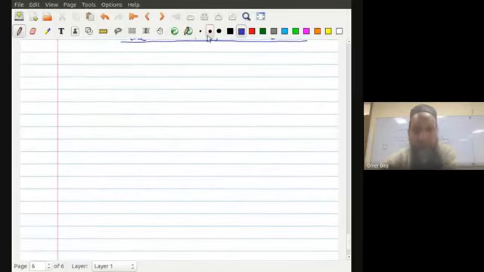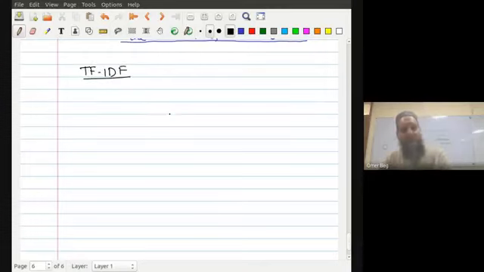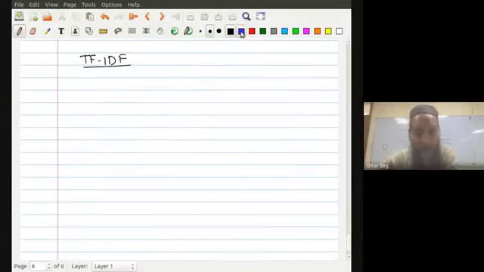Now, that brings us to TF-IDF, a very common feature used to index documents and order them in the order of importance given particular terms.